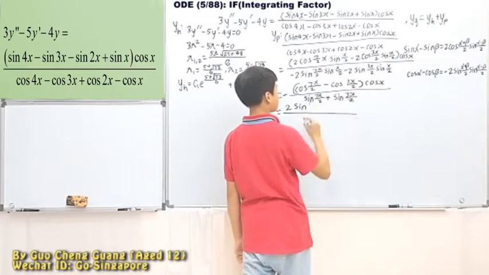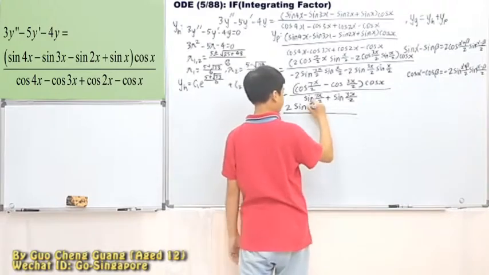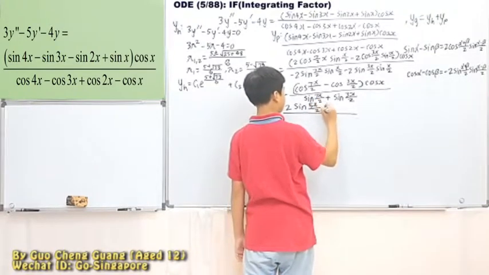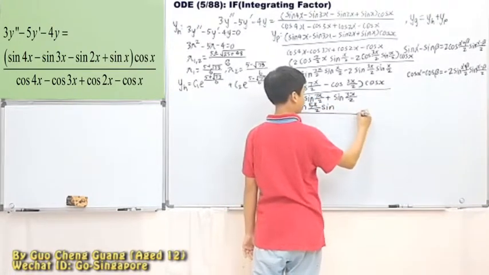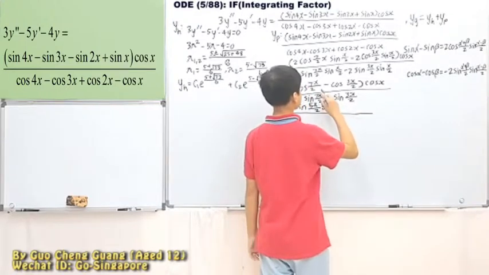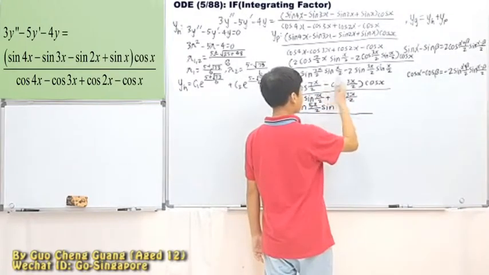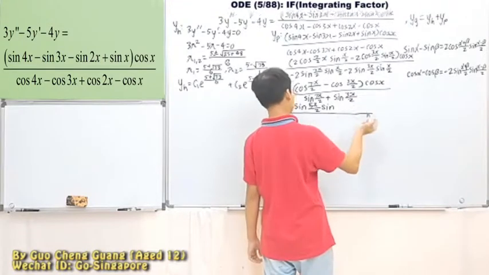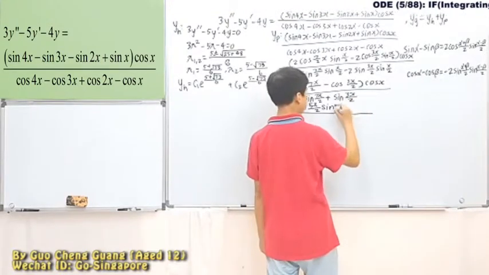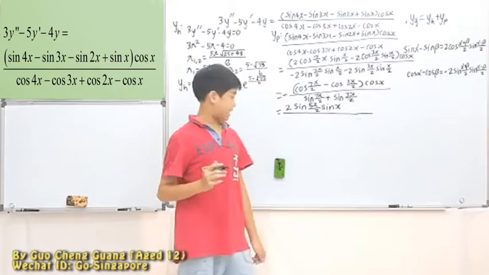So these two add to 5x over 2. Then over here, when you minus 4 over 2, that means the 2. But then you have to divide by another 2. So it's x.